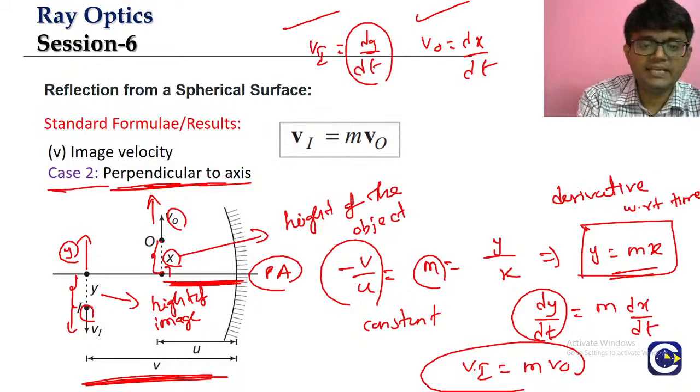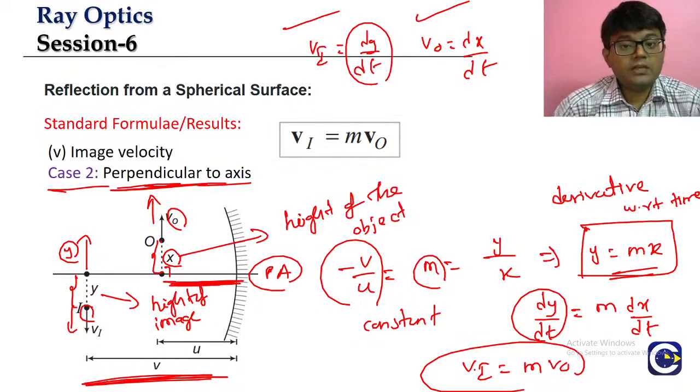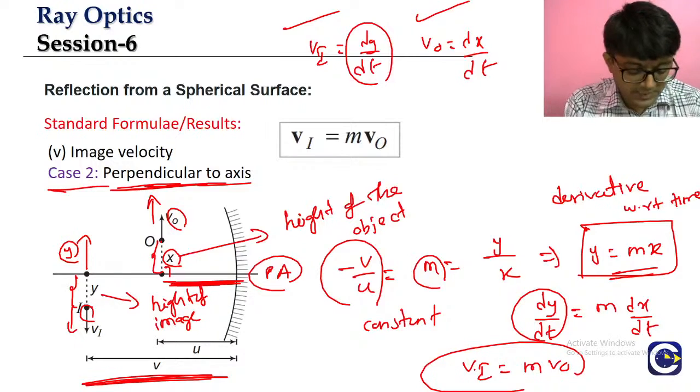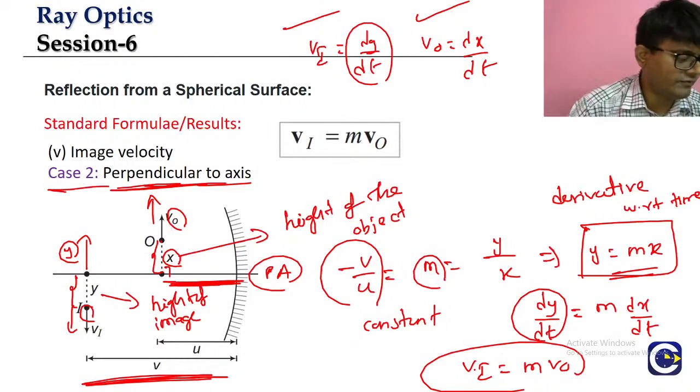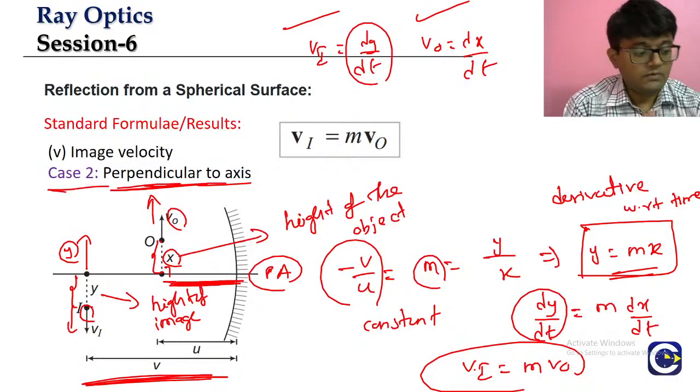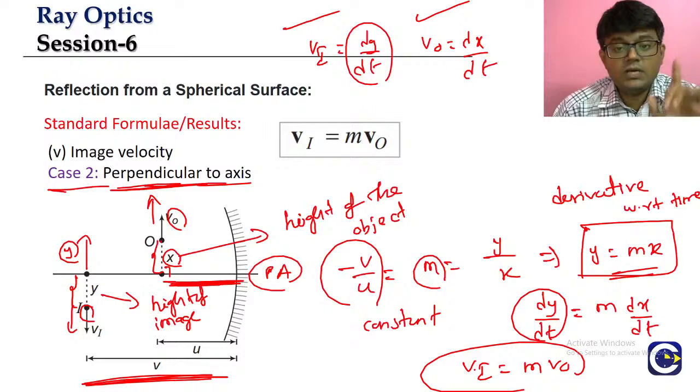So guys, what is the relation? The components of velocity perpendicular to the principal axis: Vi is equal to m times Vo. Okay. So maybe we have done the derivation. Now you need to remember this result, because while solving problems we'll be using it. So what are the two relations?